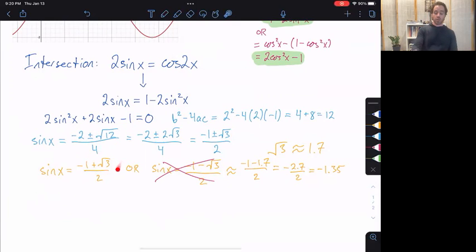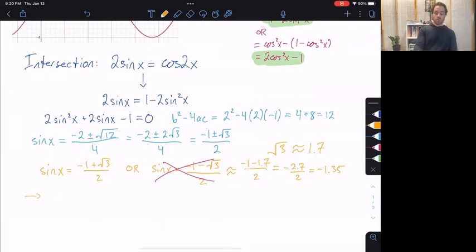So that's why this is an invalid answer. Whereas this one right here, because you do plus root 3, this is like negative 1 plus 1.7-ish, and then over 2. Well, negative 1 plus 1.7-ish is going to be about 0.7, and then divided by 2 is about 0.35. That's good. That's within the boundaries of what sine can be. Okay, but it is sine of x equals this, not x equals this.